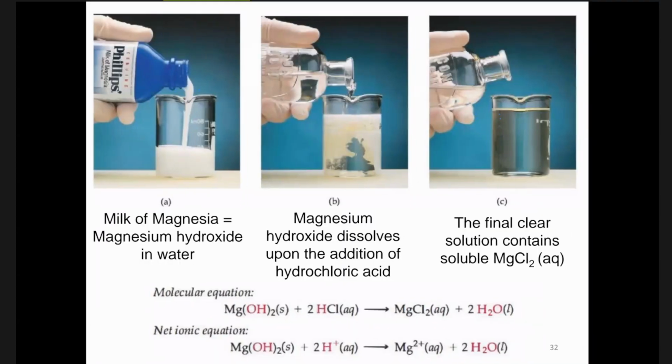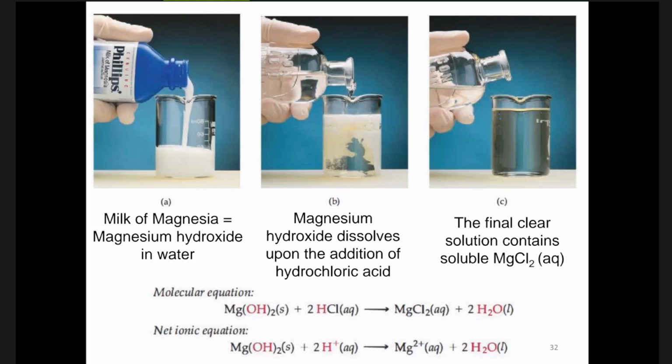So here is the phenomenon. You have a milk of magnesia, that means magnesium hydroxide in water. You see that it's not soluble. It's insoluble, the magnesium hydroxide. So when you put it in water, it makes a dispersion, not a solution. And then you take a solution of hydrochloric acid, HCl, the white solution here.